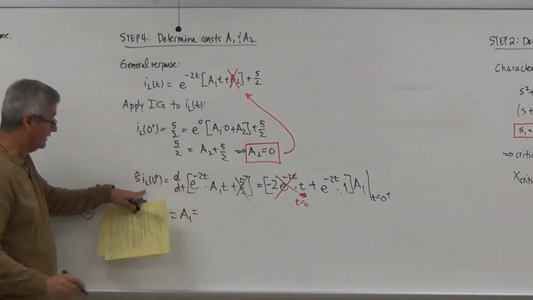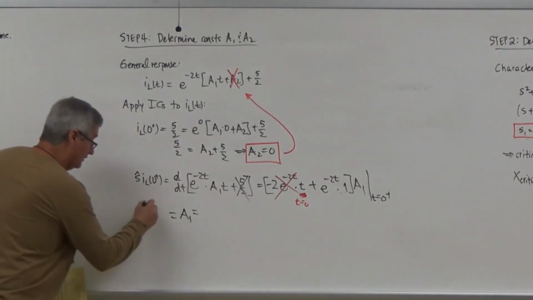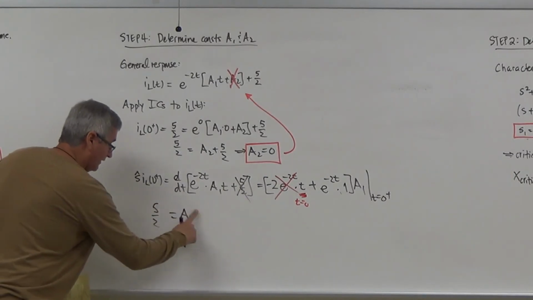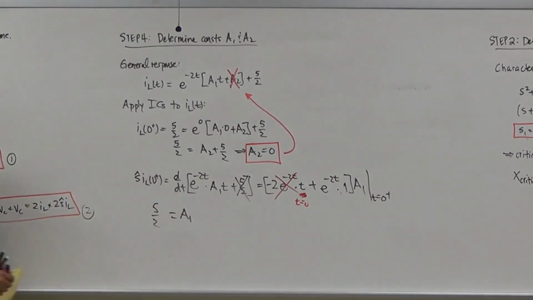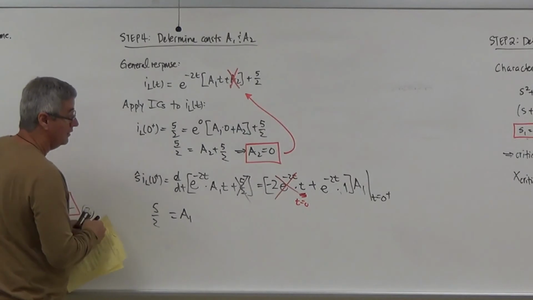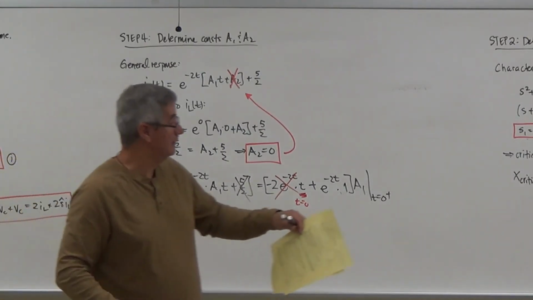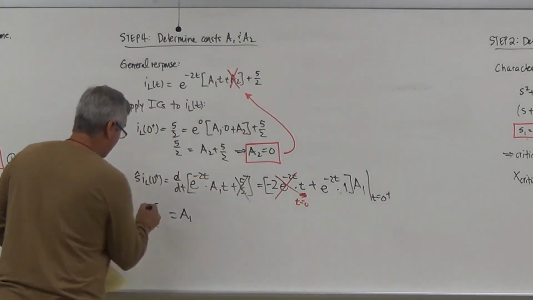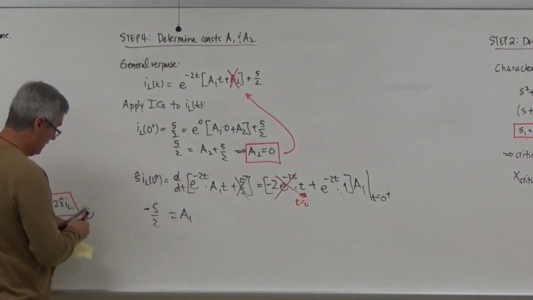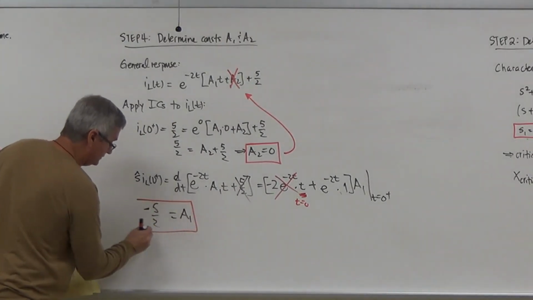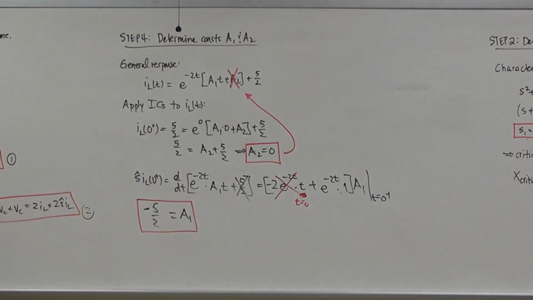But what is this guy equal to? 5 halves. So therefore, what did I get? With the negative, thank you. I got a negative, so now I know what A1 is. I have my complete response now.